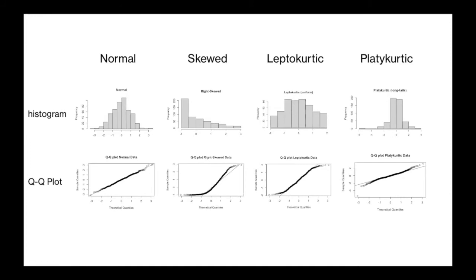So in the top row then, we've got the histograms that you might be more familiar with looking at. And in the bottom row, I've plotted the same data using our QQ plot that might be less familiar to you. And so you can see, first of all, in the left-hand panel, that when our data are normally distributed, the dots or observations fall pretty evenly along this straight line. And the situation for our right-skewed distribution is quite different.